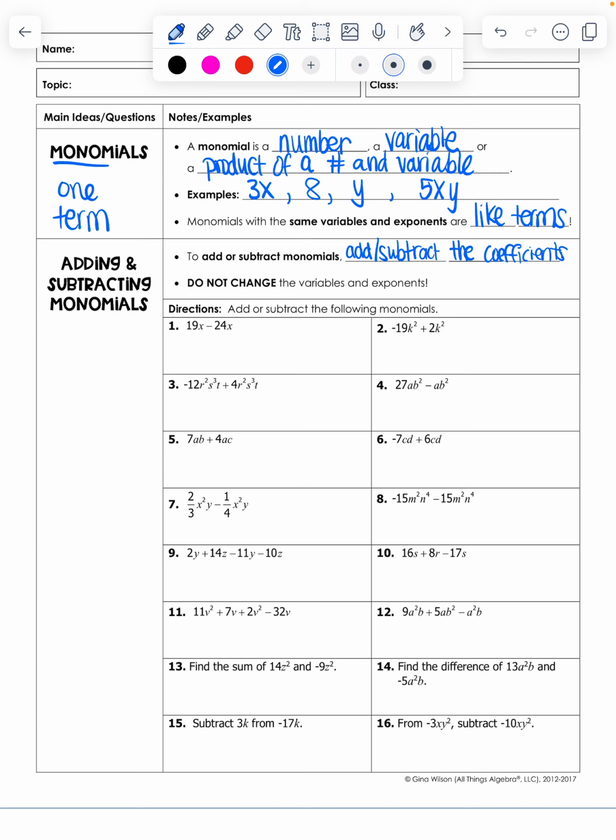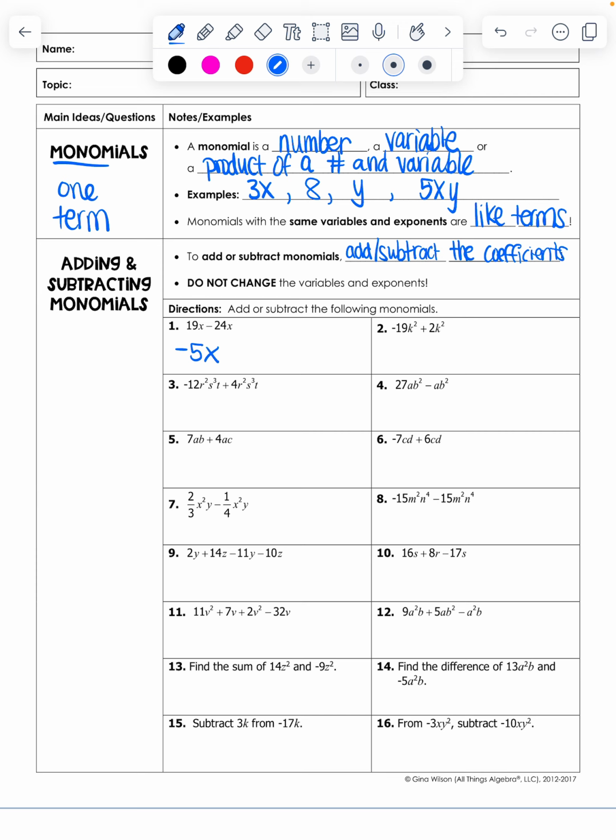Let me remind you that a coefficient is the number in front of the variable. And then we do not change the variable's exponents. For example, 19x minus 24x. If we have 19 of them minus 24, 19 minus 24 is negative 5, so this would be negative 5x.